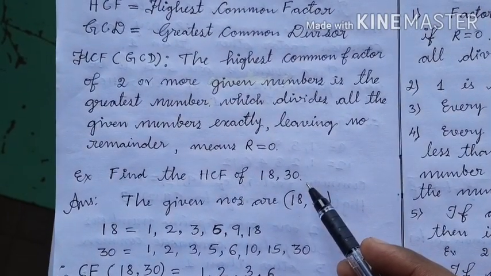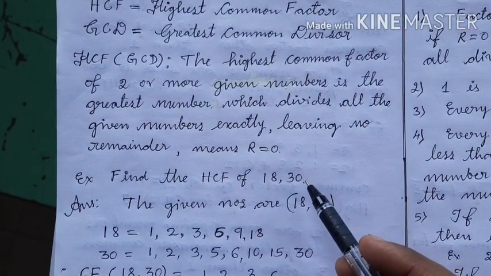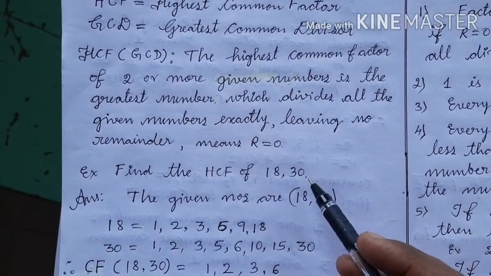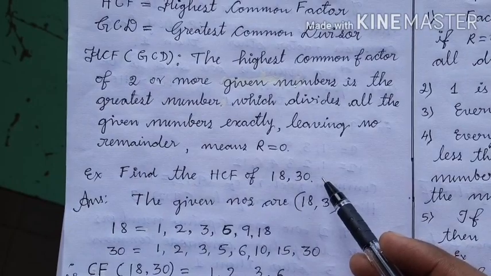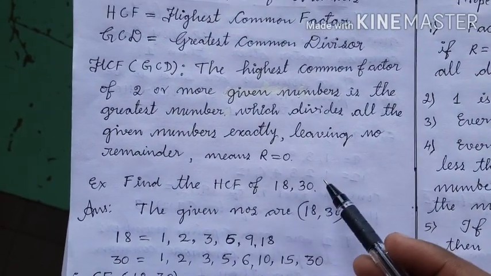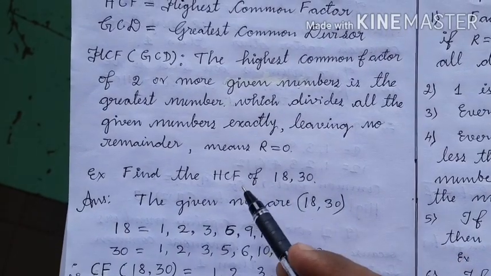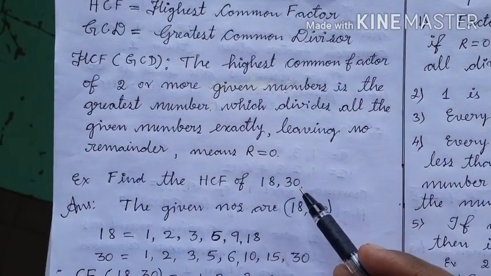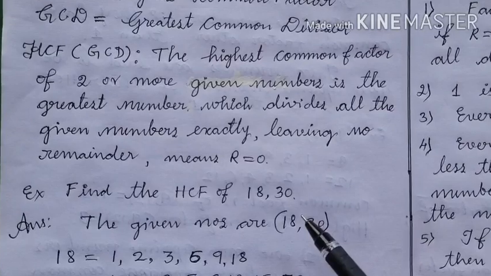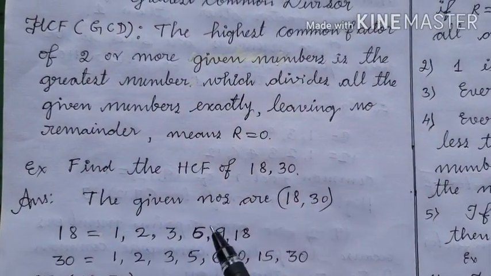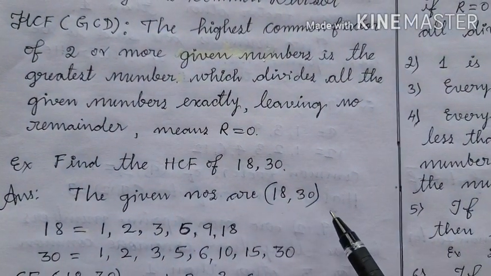To find the HCF of 18 and 30, we should know the meaning of factor of a number and common factor of a number. Then we will be able to find the HCF of the given numbers. See here, children. The given numbers are 18 and 30.